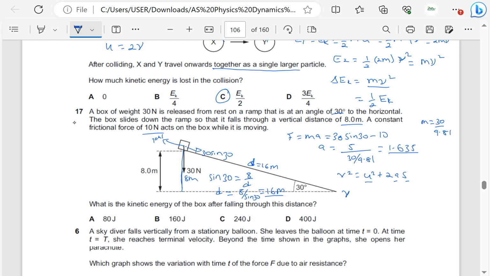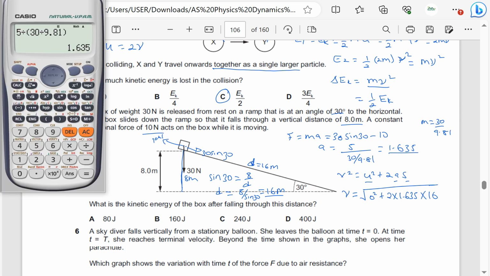So v is going to be the square root of 0 squared plus 2 times the acceleration, 1.635, times s, which is 16, the distance along that ramp. So that is 1.635 times 2 times 16, then you get the square root of the answer.